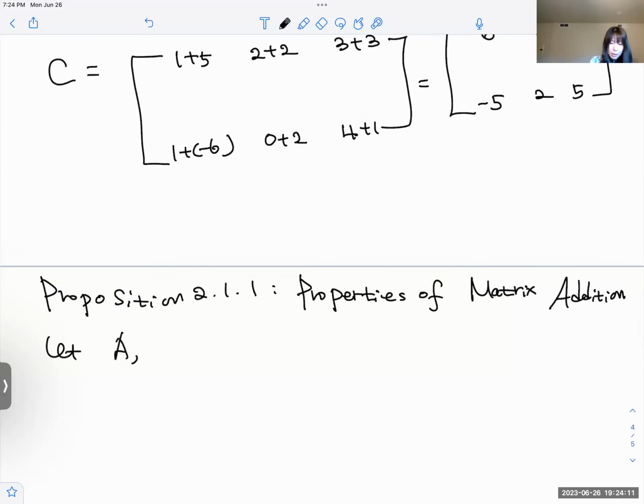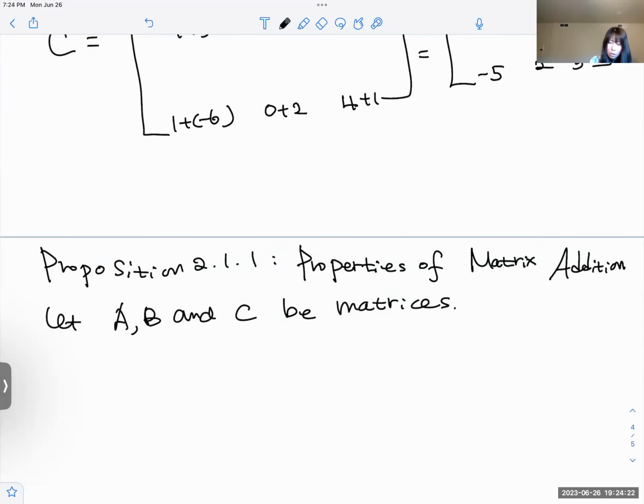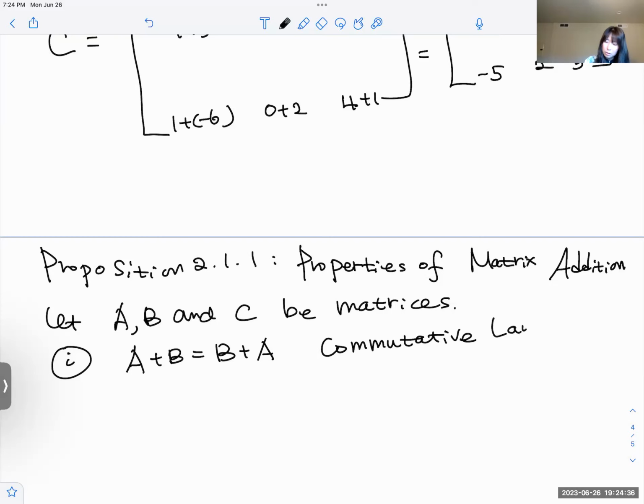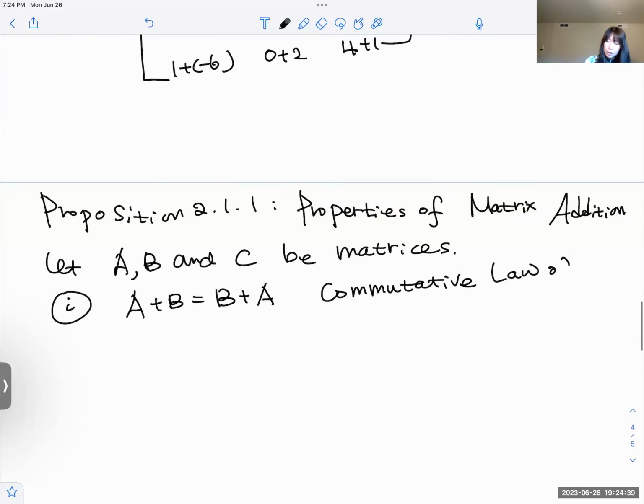Let A, B, C be matrices. Then A plus B equals B plus A, it's commutative under addition.